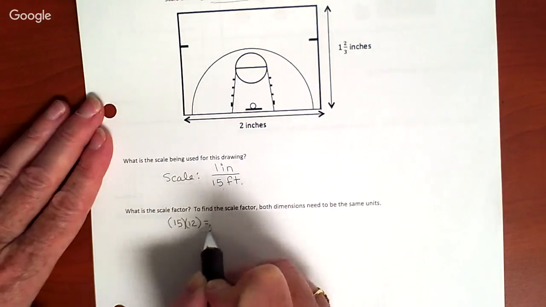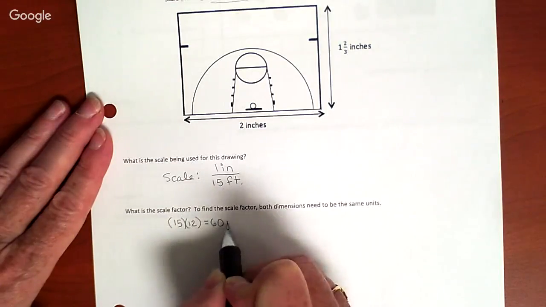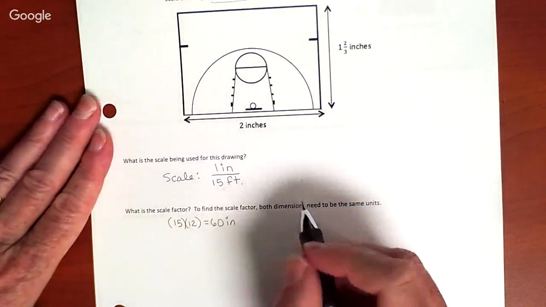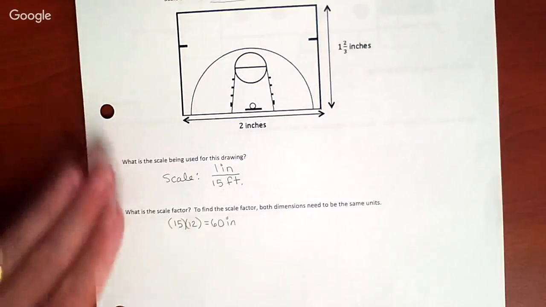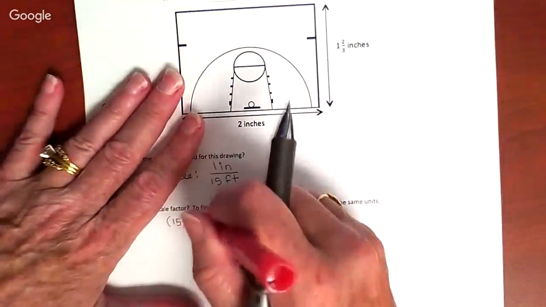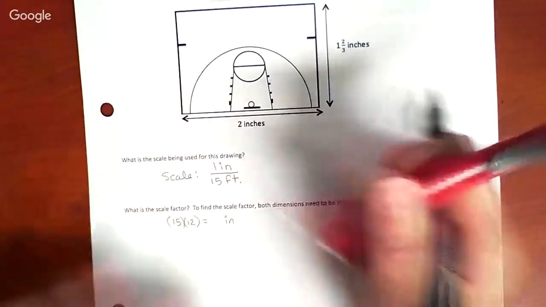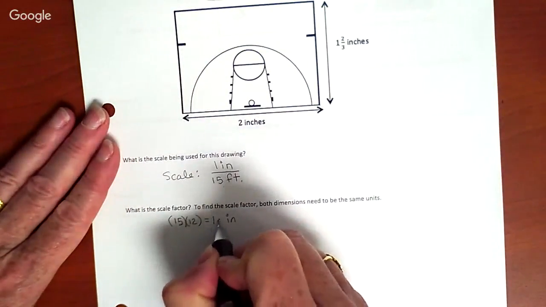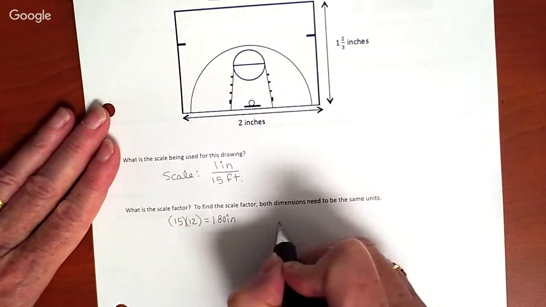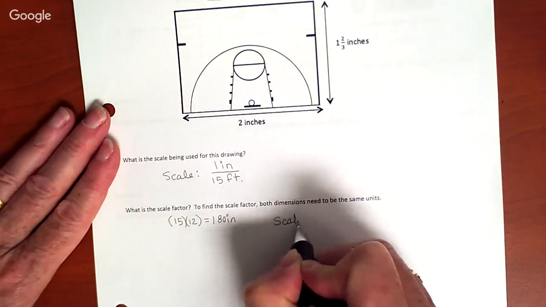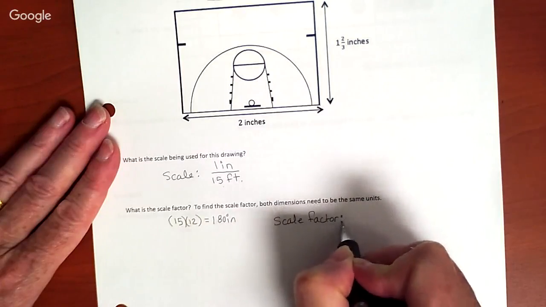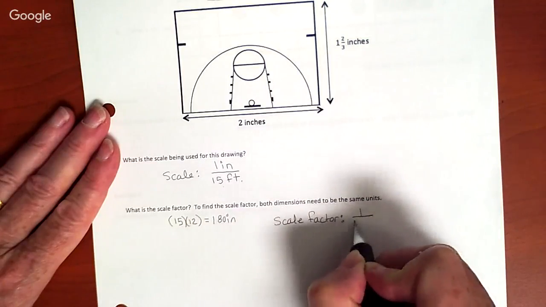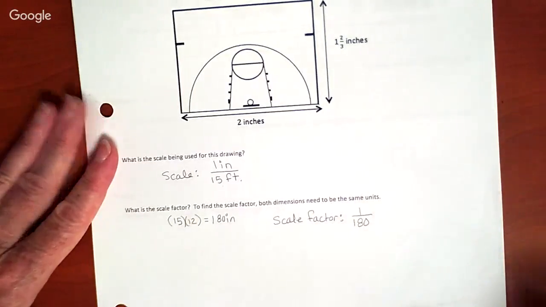So 15 times 12 is 60. So that's 60 inches. Or sorry, Mrs. Smythe does not know how to multiply. That's 180. My apologies, guys. So our scale factor here is 1 over 180.